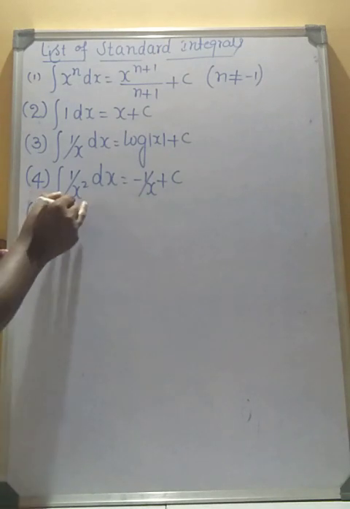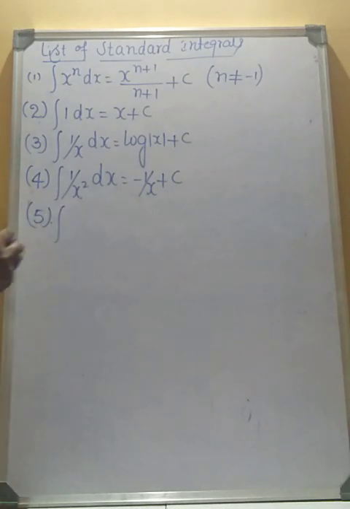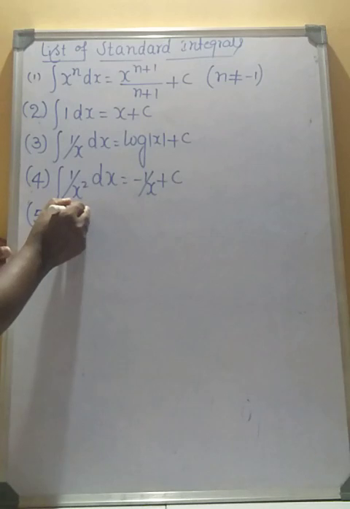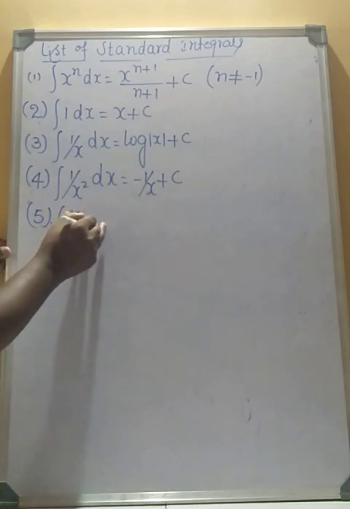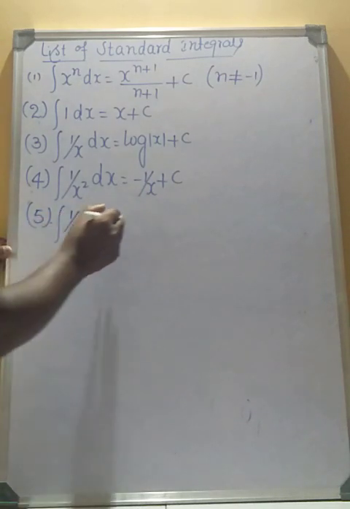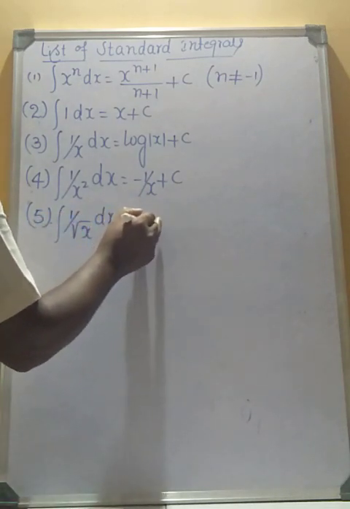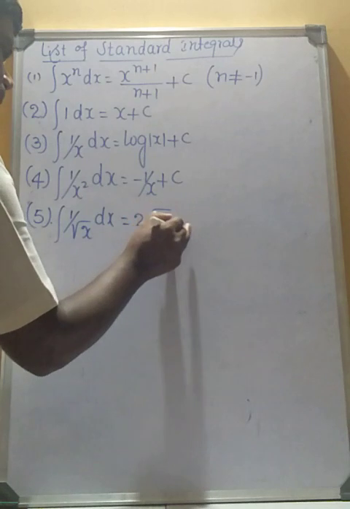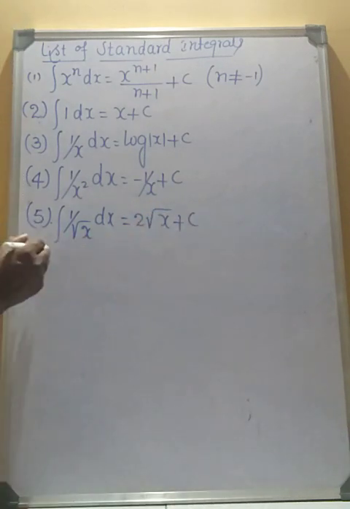Fifth one, integral of 1 divided by root x into dx is equal to 2 into root x plus c.